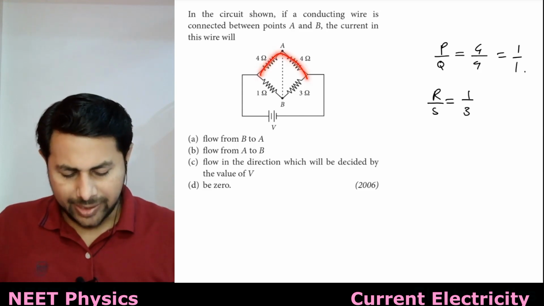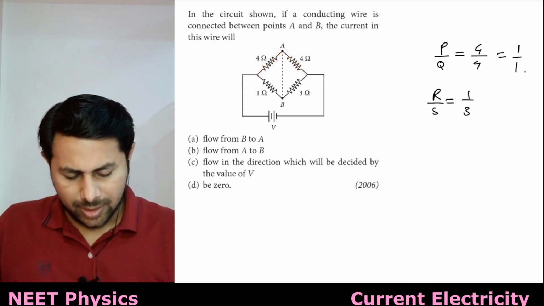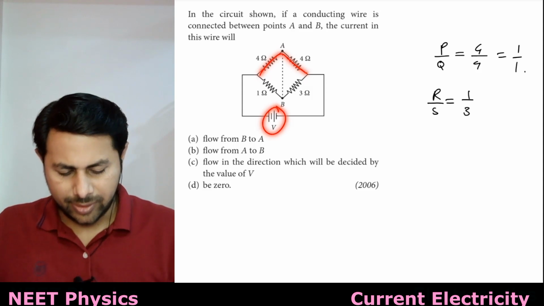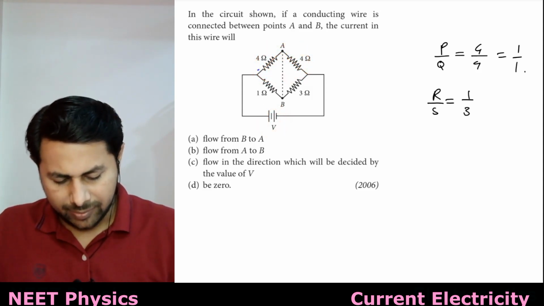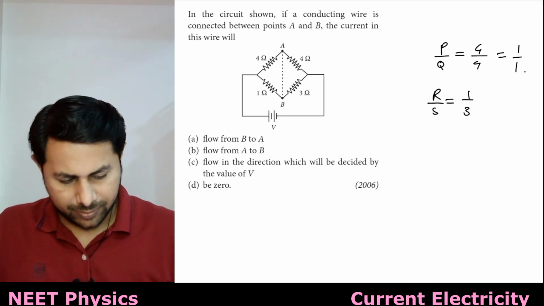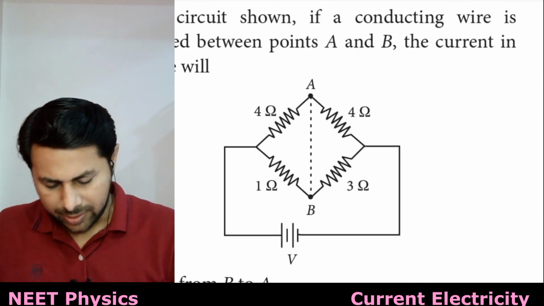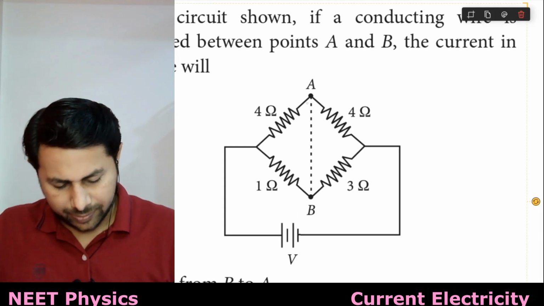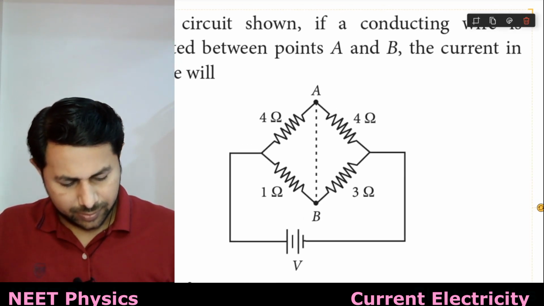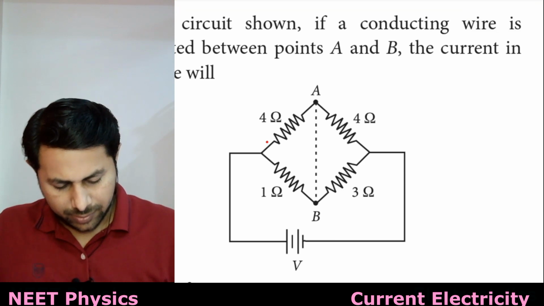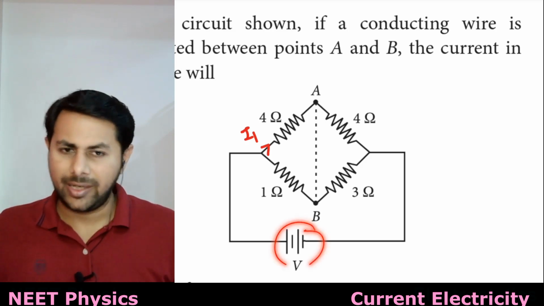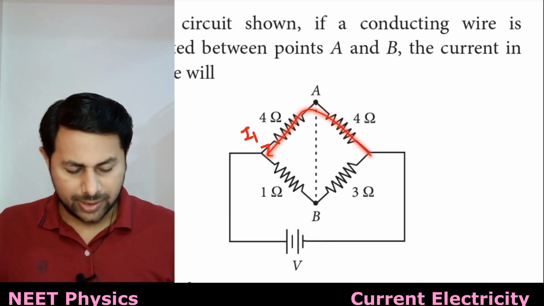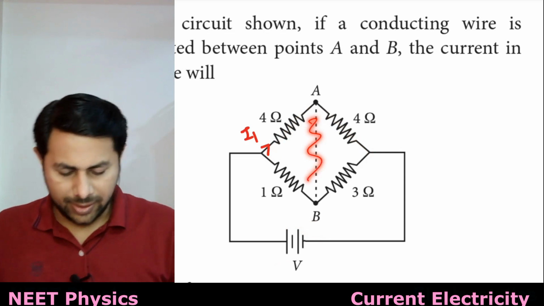So what would be the current in this branch? Let's say it is I1. I1 would be equal to V divided by 8, since the total resistance is 8 if this wire is not connected.